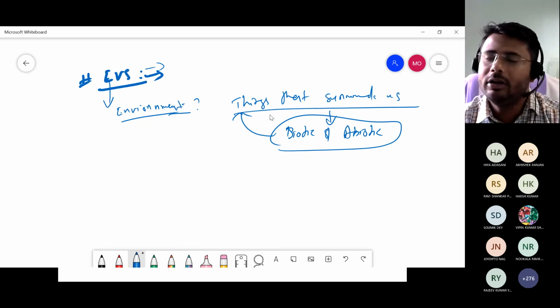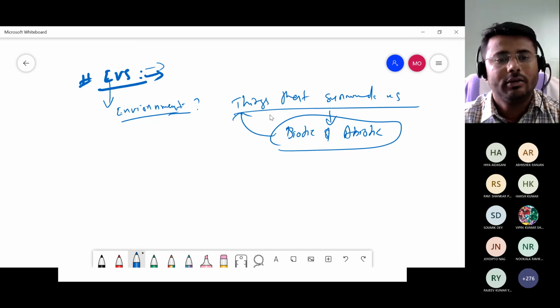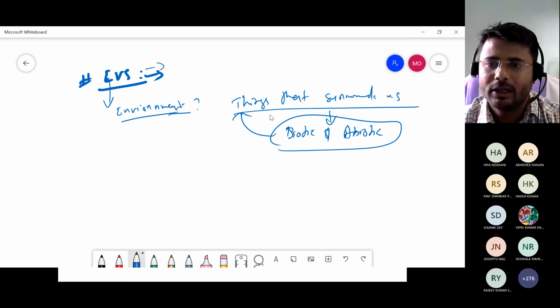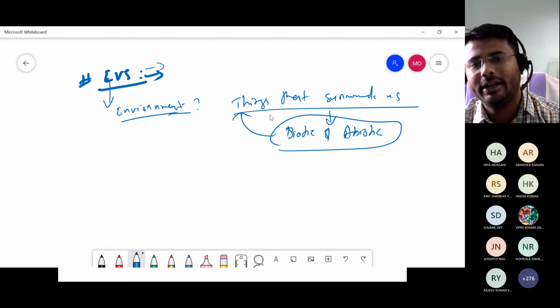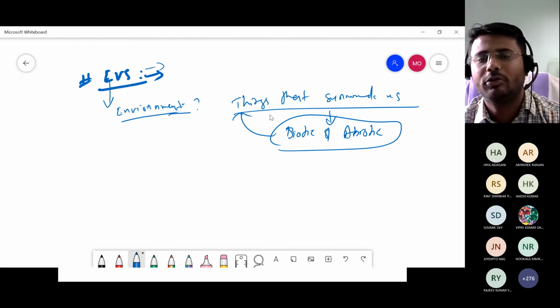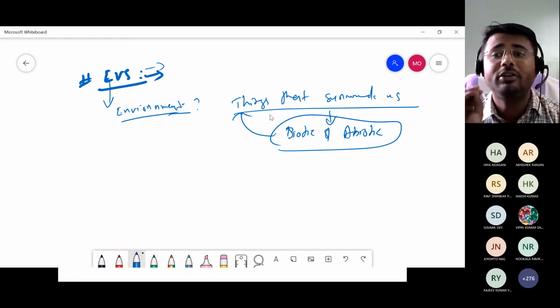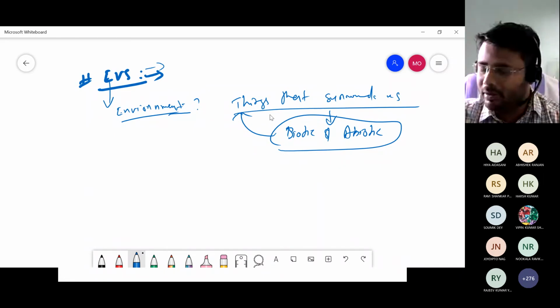With time, we are able to see that the surrounding areas wherever we live, which include both the biotic and abiotic components, are degrading. So it is of utmost importance to understand at least the minimum of what is getting degraded and how.